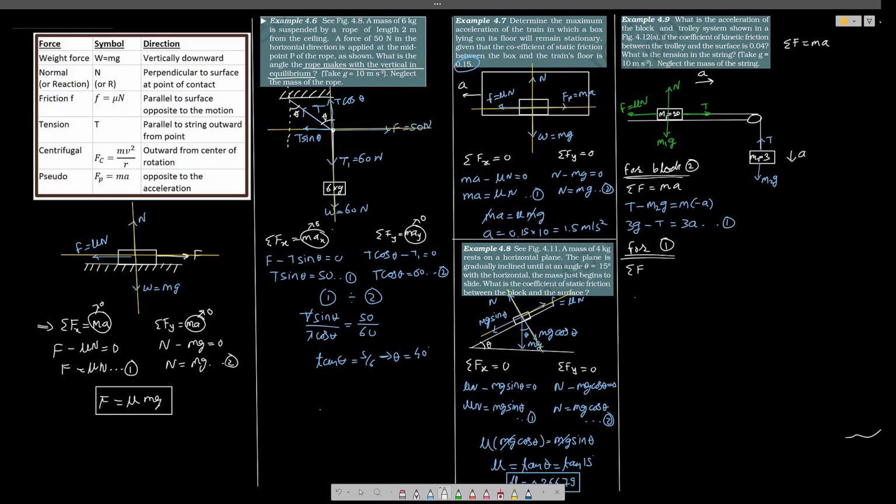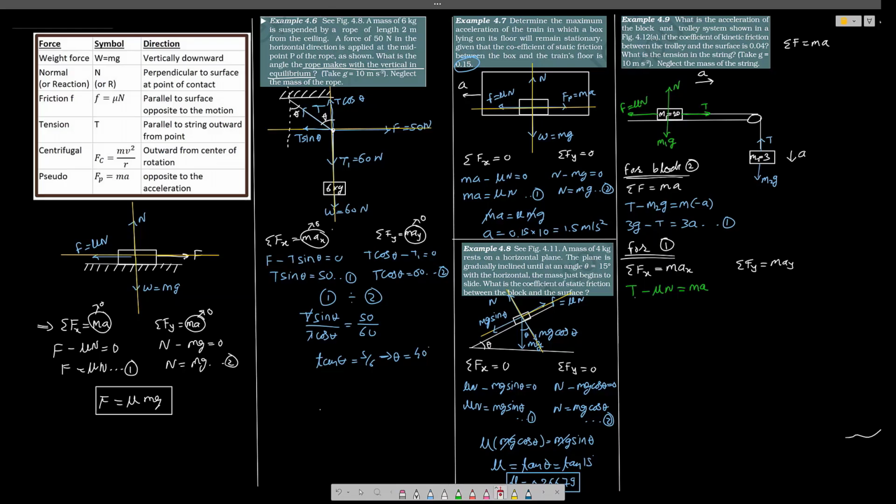Okay, now let's go for block 1. First of all, consider sigma Fx is equal to max. In positive x-axis, we have tension force, so that will be positive. In negative x-axis, we have friction force, so that will be negative. Is equal to ma, which is in positive x-axis, so that will be positive. Now let's go for sigma Fy is equal to may.